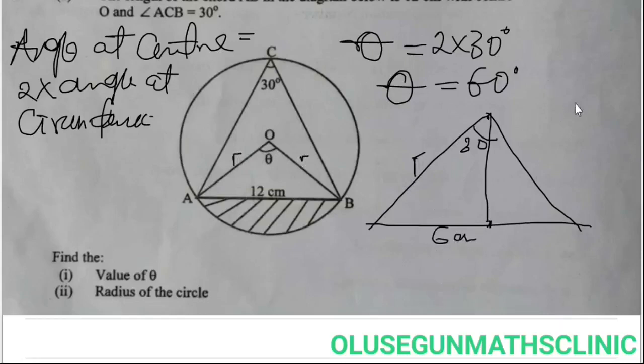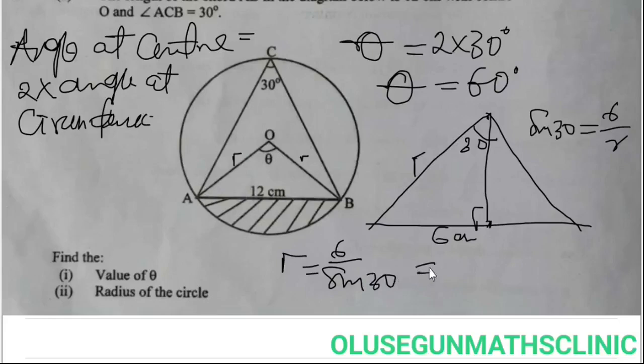You just say sine 30 is equal to opposite over hypotenuse. Making the radius the subject, it will be 6 divided by sine 30, which is 6 divided by 0.5, which is equal to 12 centimeters.